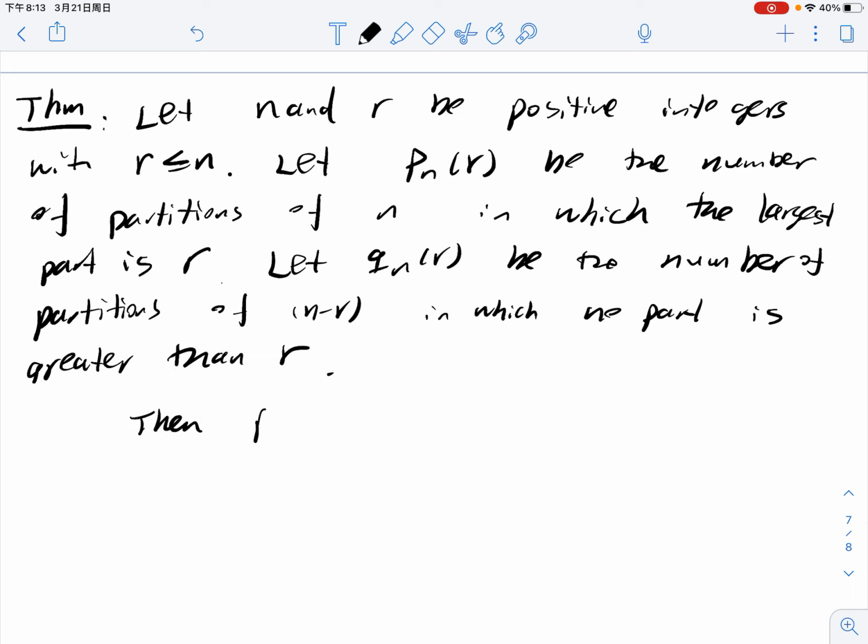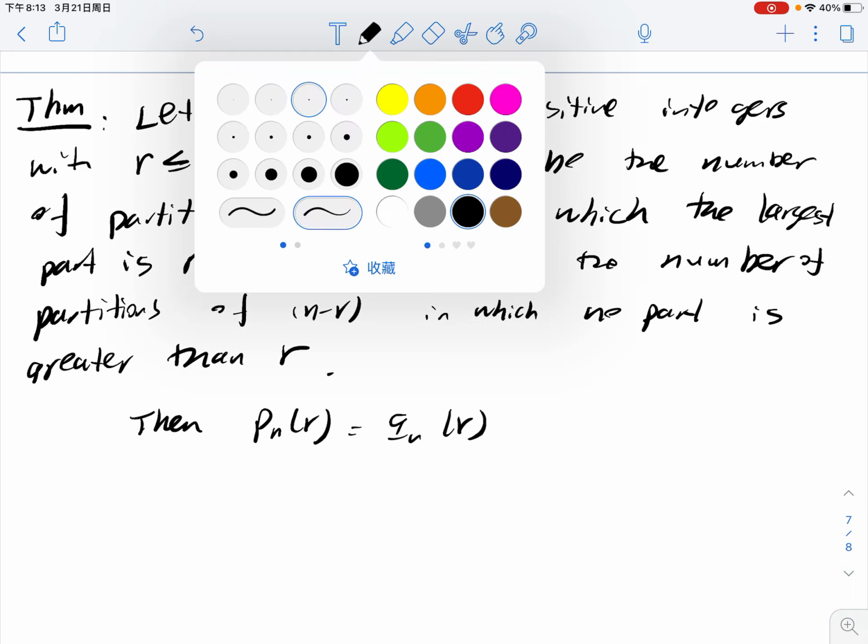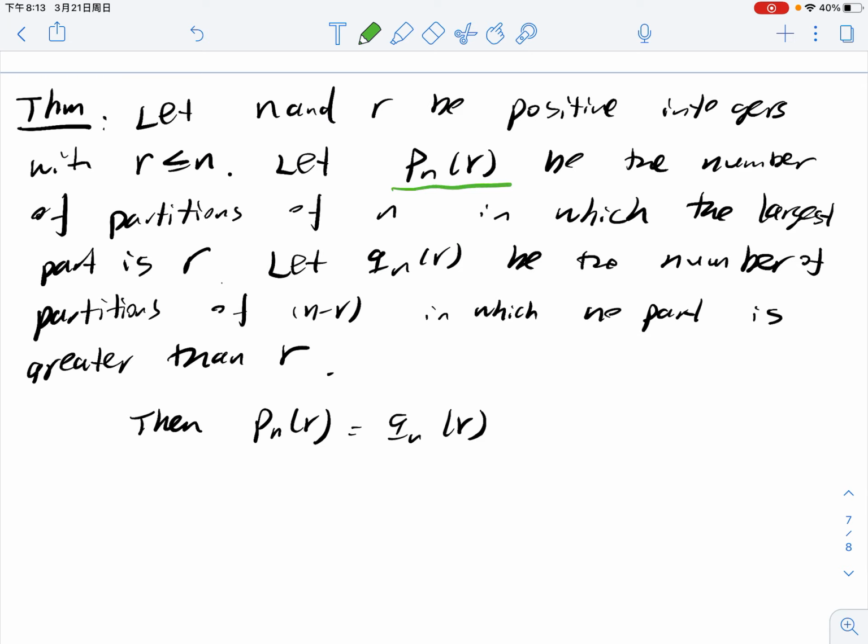Then we have p(n,r) equals q(n,r). So this is the number of partitions with one restrictive condition. This is another type, the number of partitions with another type of restrictive condition.